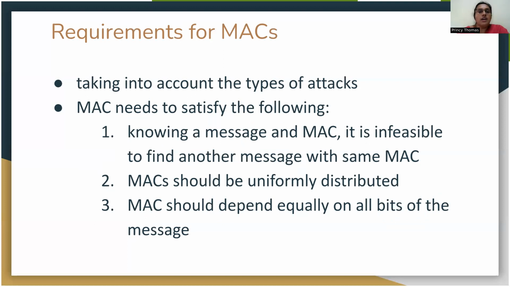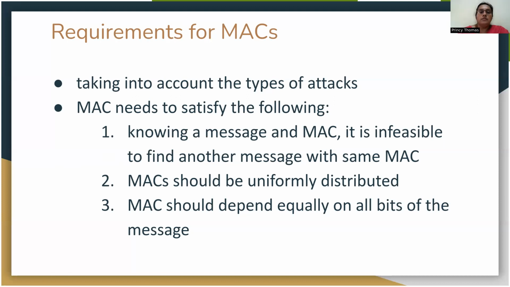Okay. Now, what are the requirements for MAC? Taking into account the different types of attacks that are possible, MAC needs to satisfy these three conditions. One, knowing a message and MAC, it should be infeasible to find another message with the same MAC. That is one requirement. Second, MACs should be uniformly distributed.